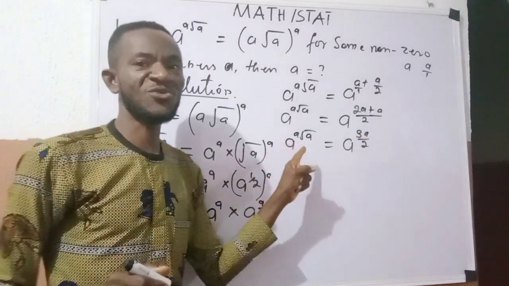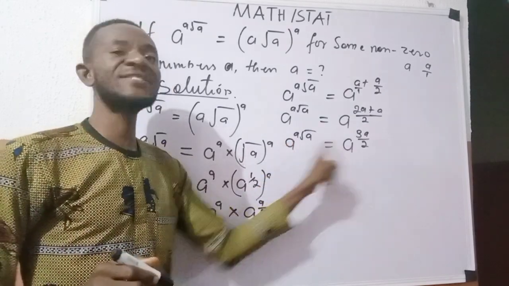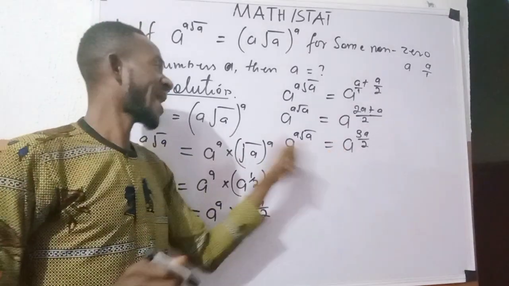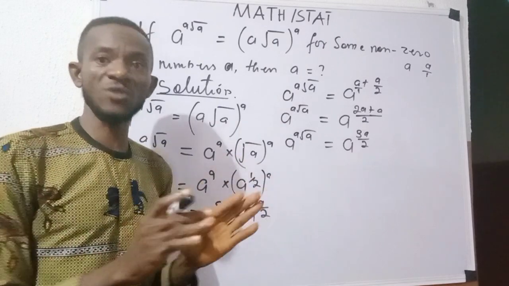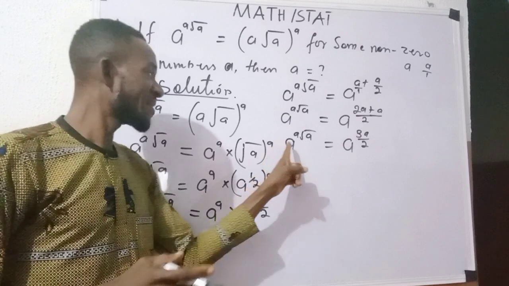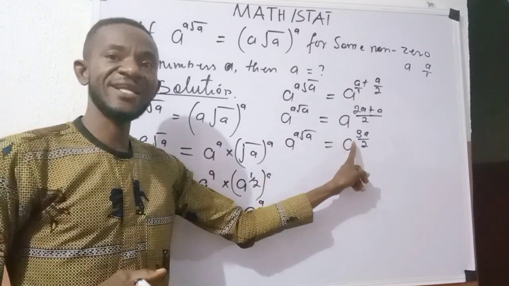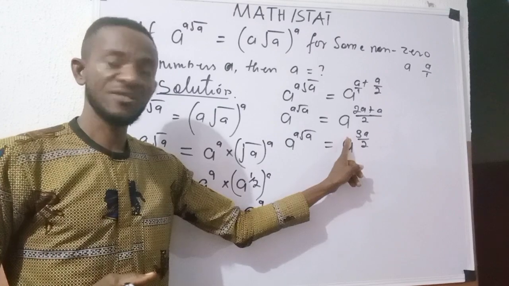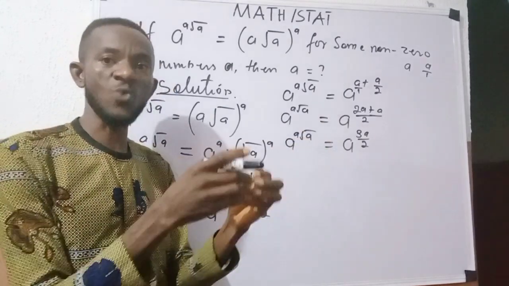I now come again to another law in indices. Whenever the bases are the same thing, they can be cancelled off and then the powers equated. That's another strong law in indices. Once the base here is the same with the base at the right hand side of the equation, the bases are cancelled off and then the powers are equated.